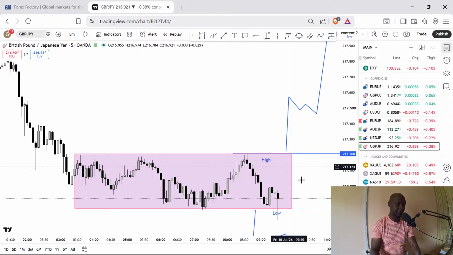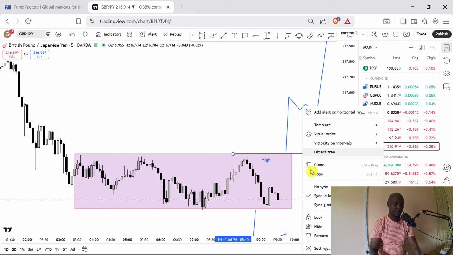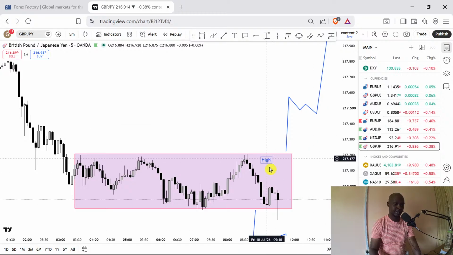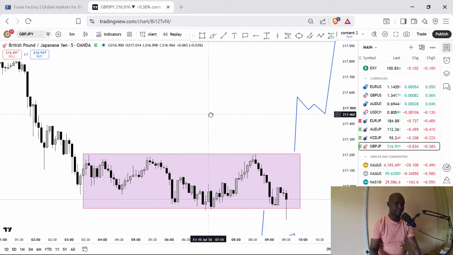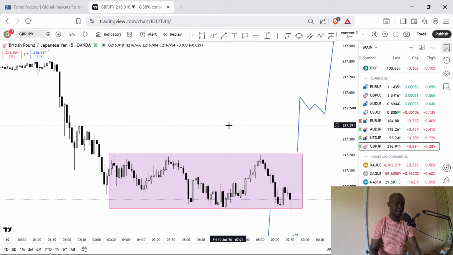Waiting for this candle to close. I don't even need these lines for illustration purposes. So the main thing right now is how we are going to break outside of this consolidation.